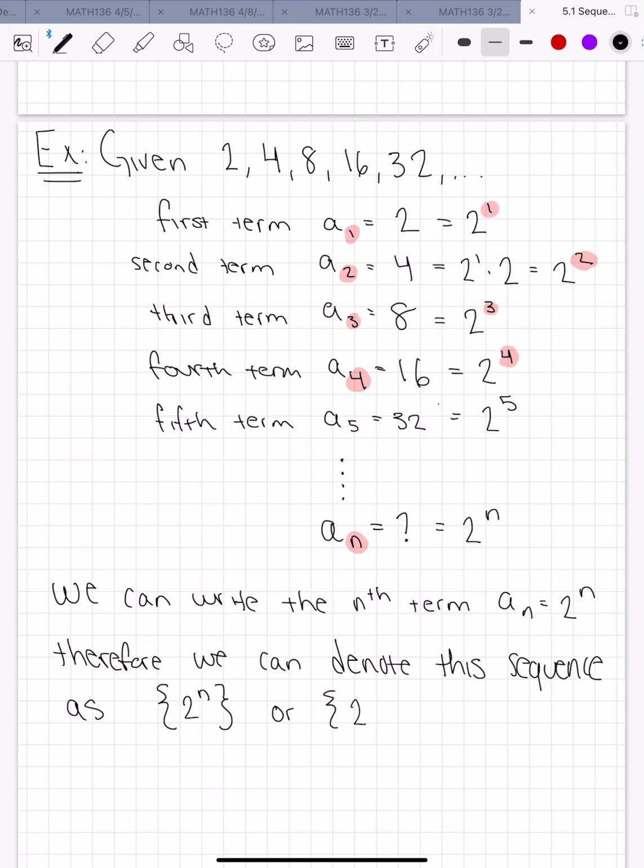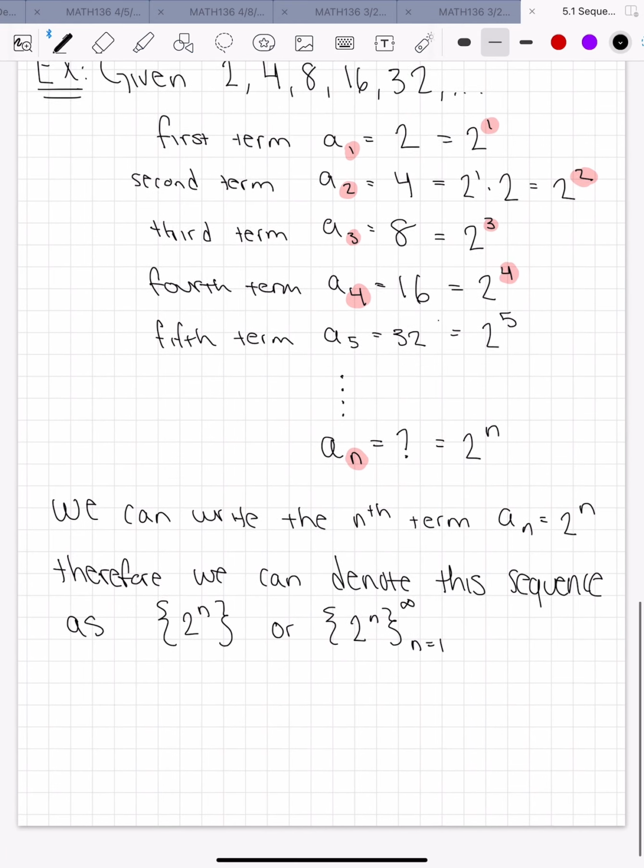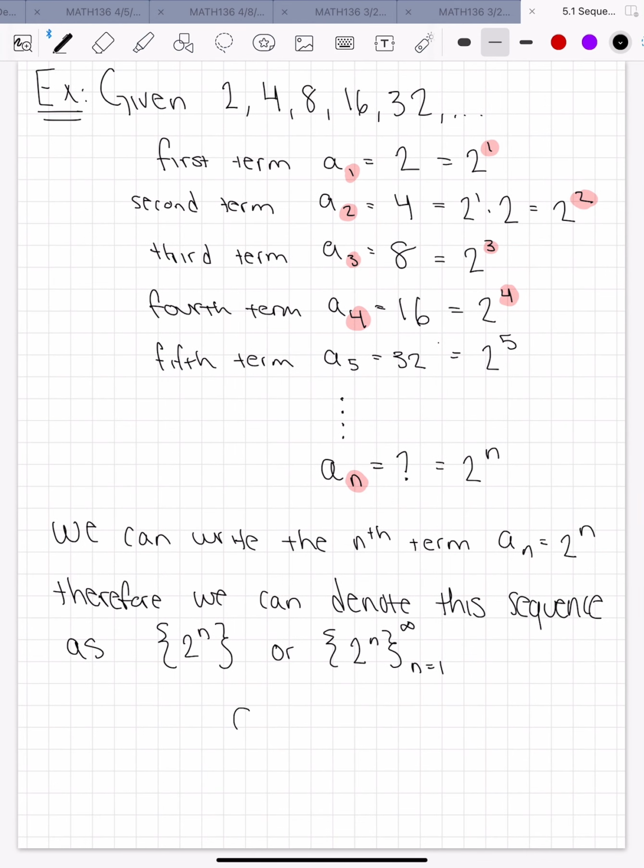This also means that we take n, start it at 1, and count all the integers up into infinity, because this list goes on forever and ever. Our goal a lot of the time is to write a function to express the terms of our sequence.